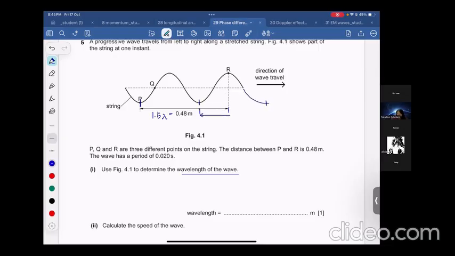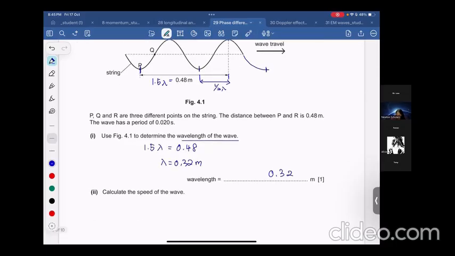So 0.48 is actually 1.5 wavelengths. Going down here would be another complete wave, so this part is only half a wavelength. From a trough to another trough is one wavelength. So 1.5 wavelengths is 0.48, showing a wavelength of 0.32 meter. Tony, correct.